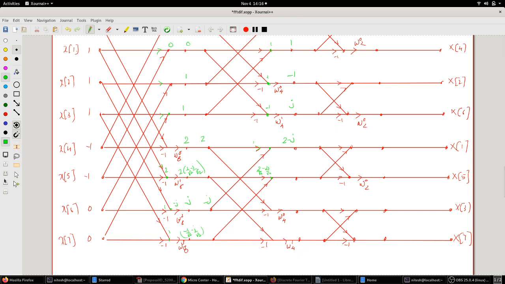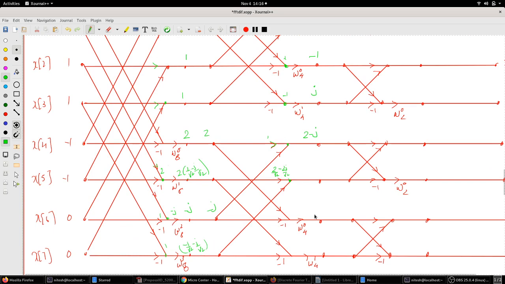Okay, and the point which is coming here is plus minus 1 by root 2 minus j by root 2. This is what is coming in. So eventually what you will get, the value here will be 1 upon root 2 minus 3j upon root 2. This is what you get at this particular point. Okay, that is reflected here.